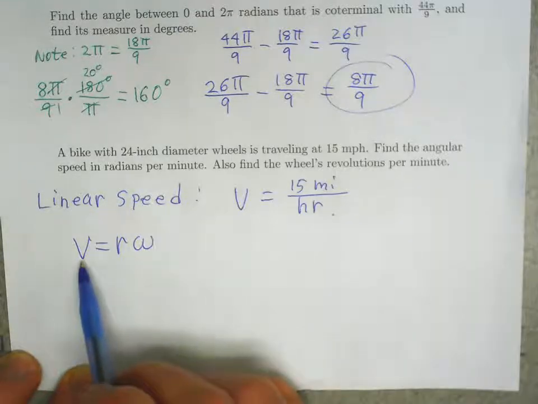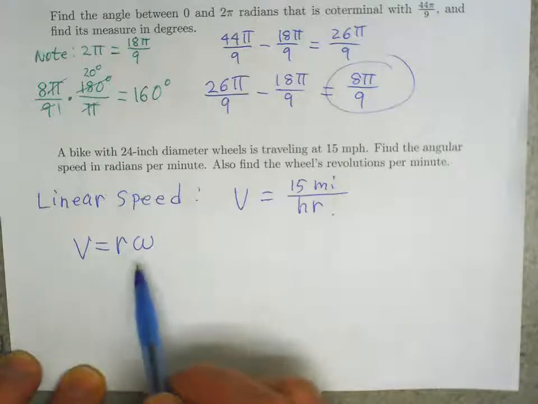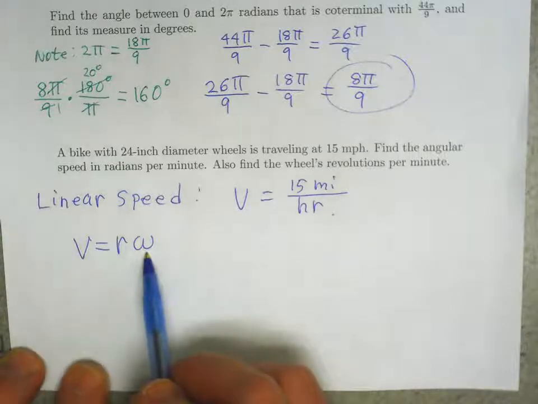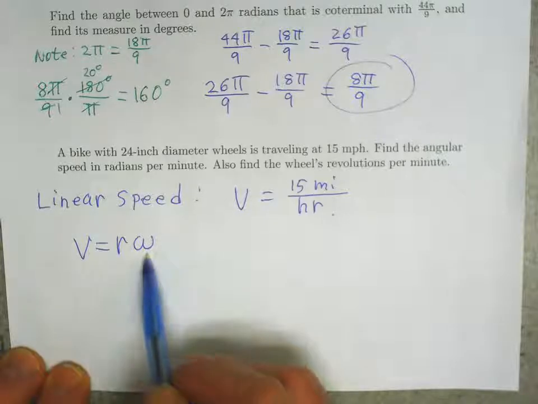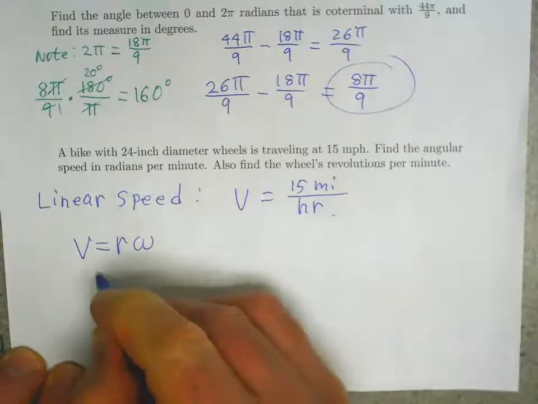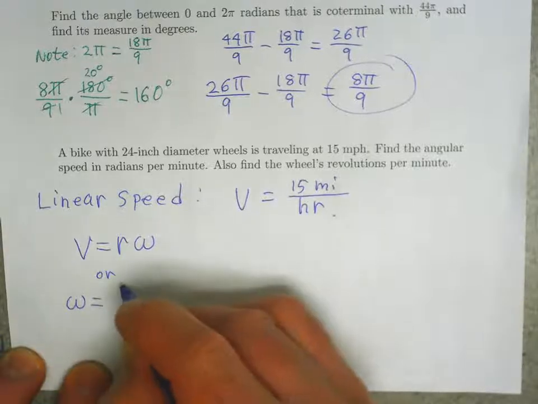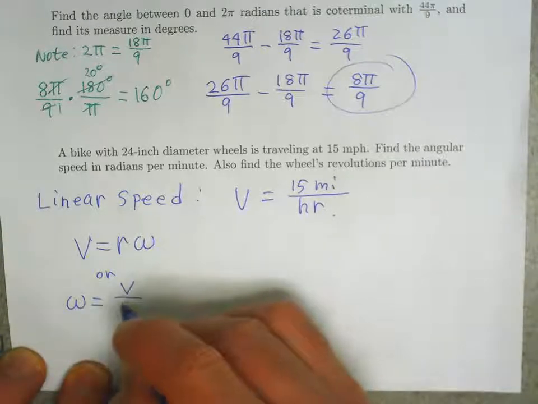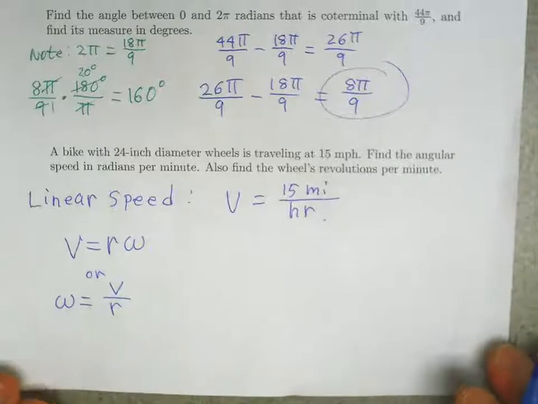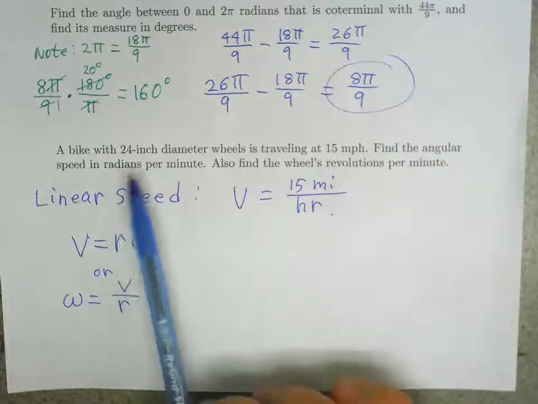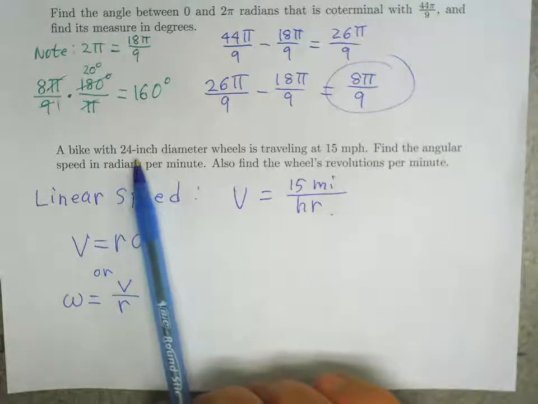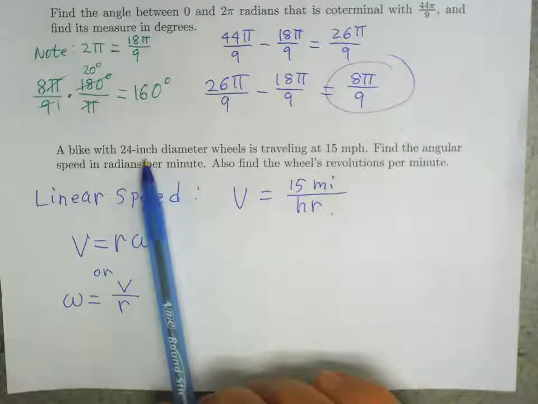So remember that the linear speed is equal to the radius times the angular speed. And this means that the angular speed, omega, is equal to the linear speed divided by the radius. Well, we know what the radius of the bike wheel is in inches.